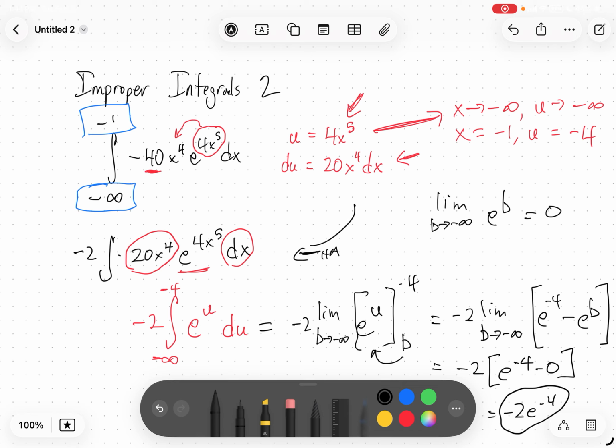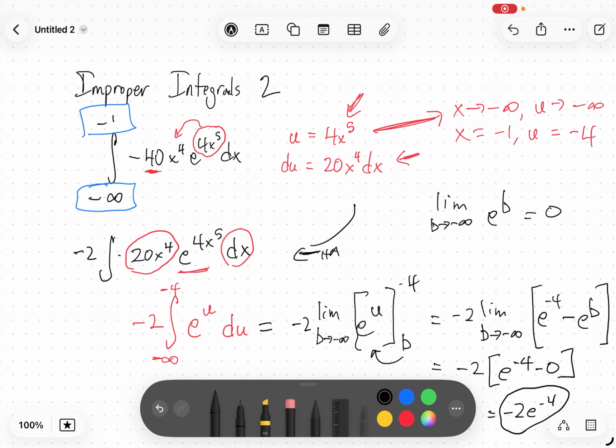So it's negative 2e to the negative 4, and I'm going to hit submit answer, and I get a green check mark. Now, it's important to know that when Delta Math is doing this problem, they keep their limits in terms of u as well. That's the reason why I decided to do it this way.